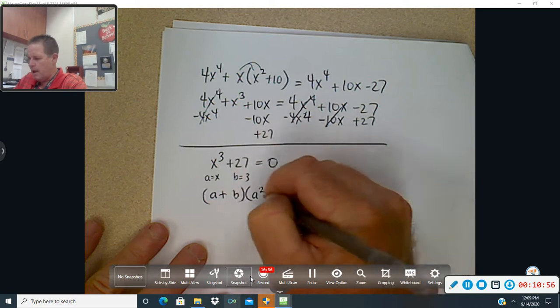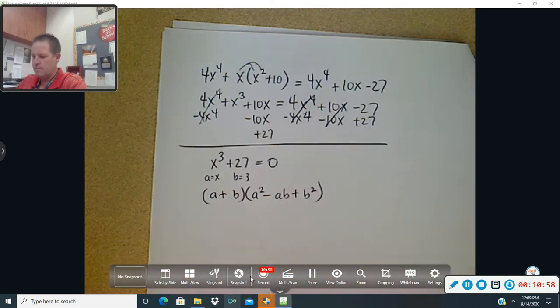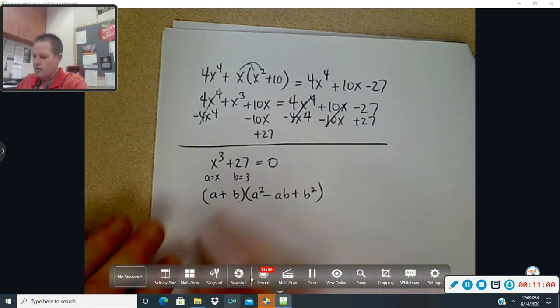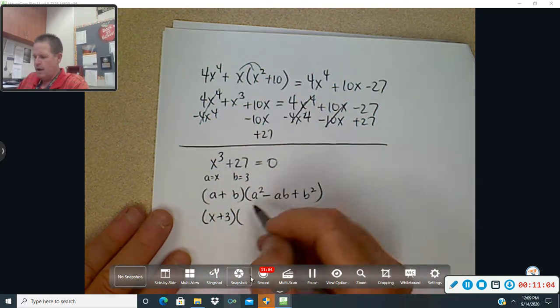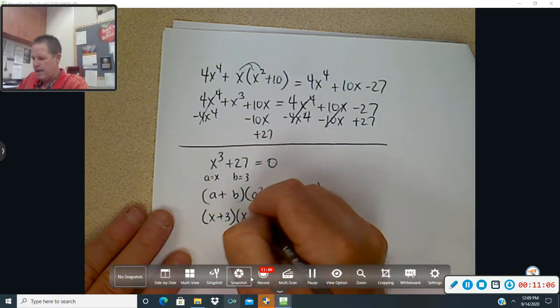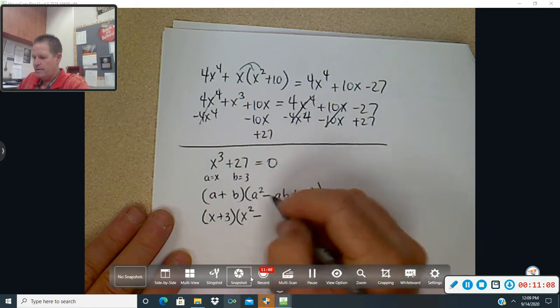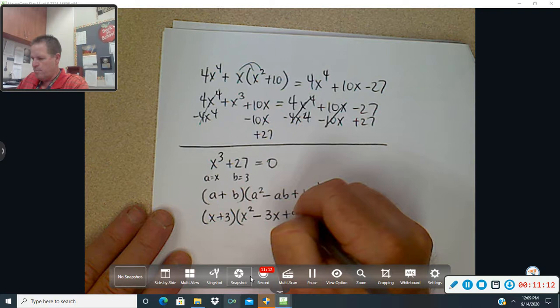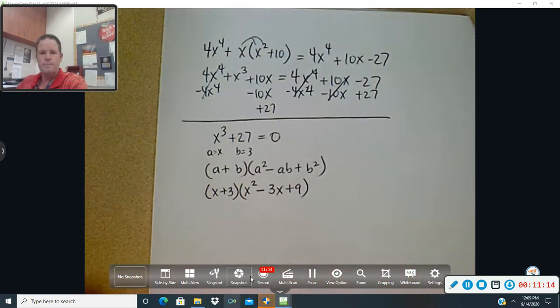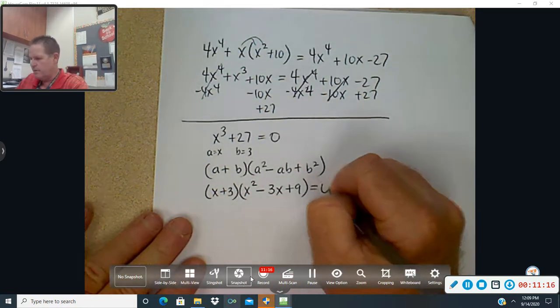Same sign, opposite sign, always positive. So the proper factoring here is going to be x plus 3 times a is x, so x squared, minus a times b, 3x, plus b squared, 9. Okay, there's going to be our factoring equals 0.